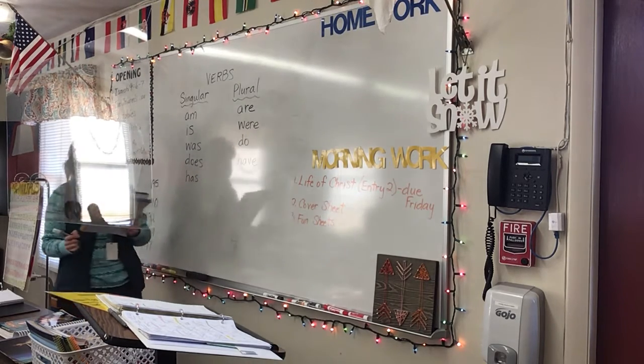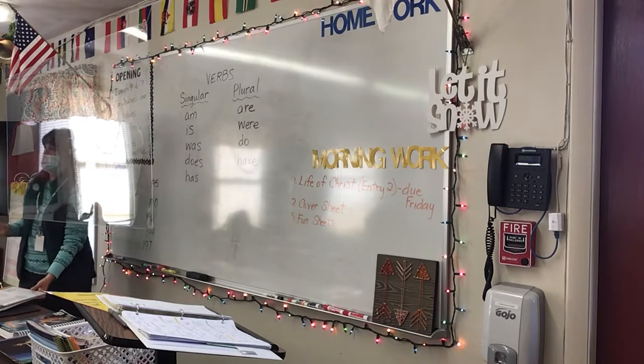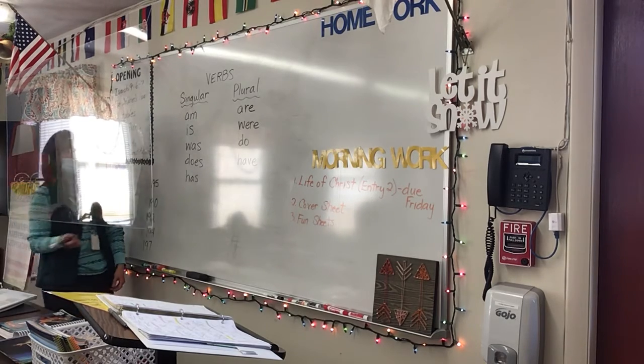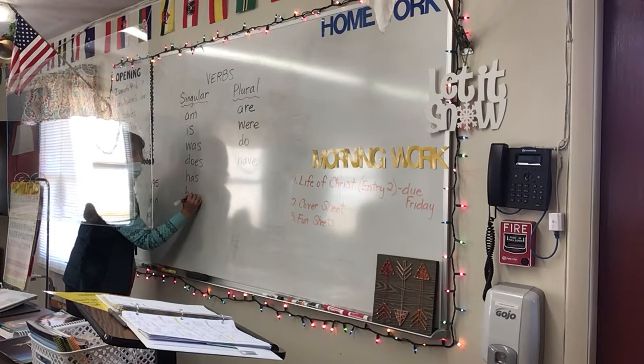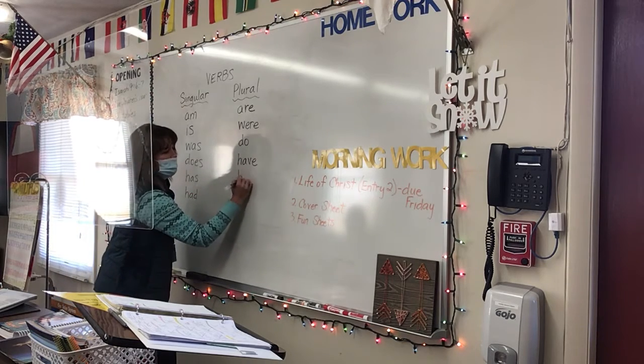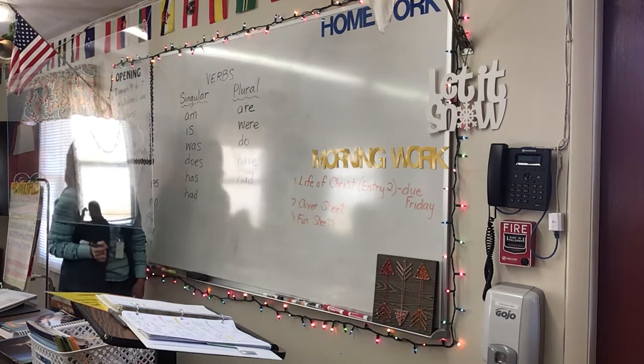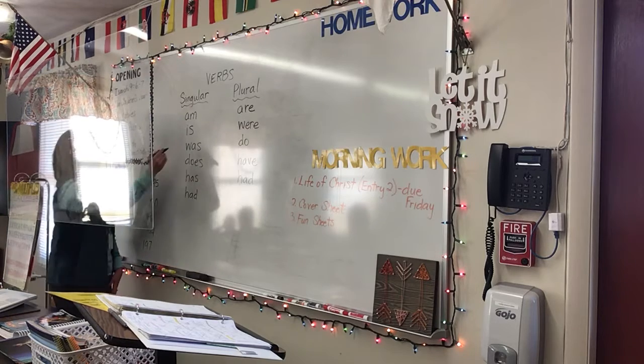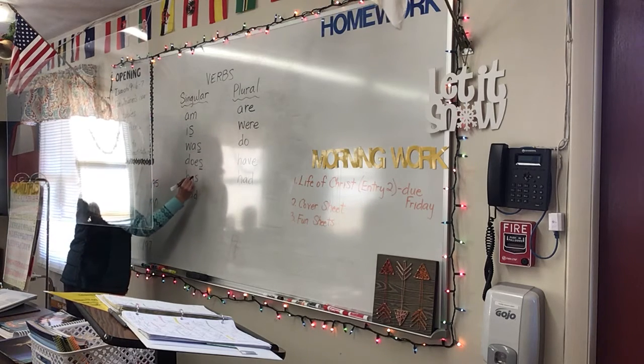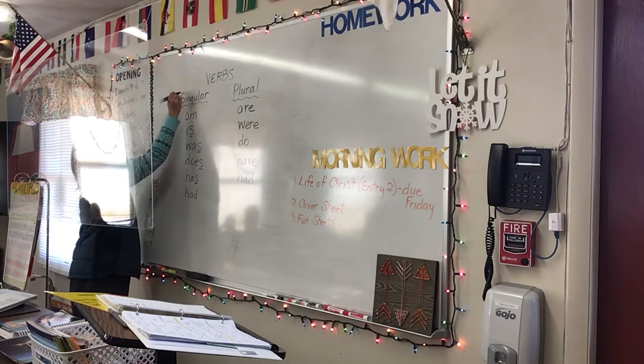And what was the one that said you could use singular or plural? Had. Good. So you can write had under both. And if it helps, you can underline this S. That might help you remember. Oh, not that one. Singular.